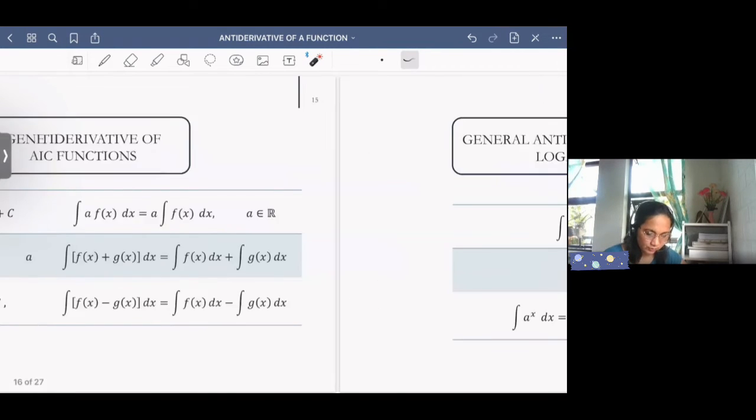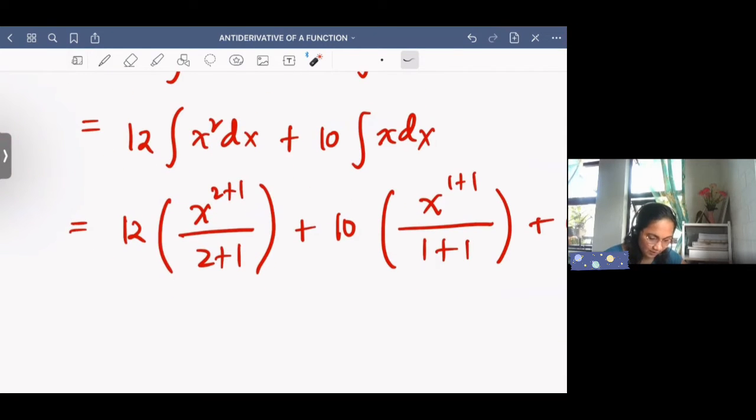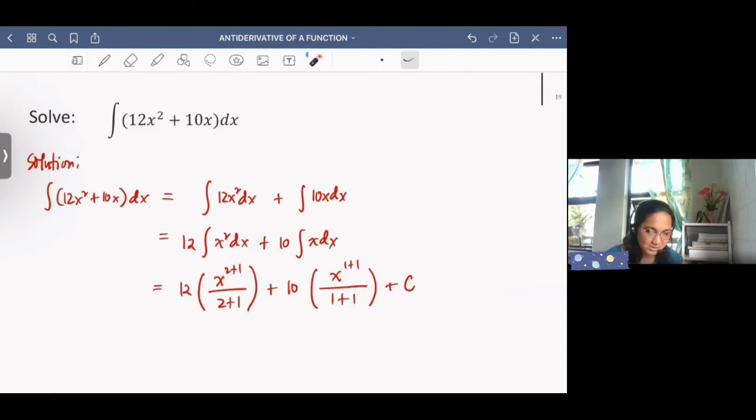Okay, so going back here for our solution, we'll have 12 times the quantity x raised to 2 plus 1 divided by 2 plus 1 plus 10 times the quantity x raised to 1 plus 1 divided by 1 plus 1 plus c.